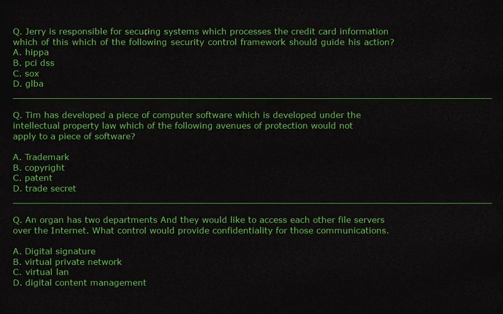Jerry is responsible for securing systems which process credit card information. Which of the following security control frameworks should guide his actions? Credit card information is related to the finance industry, banking and finance.